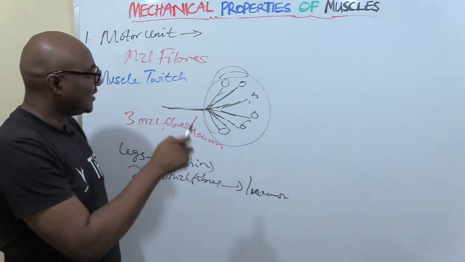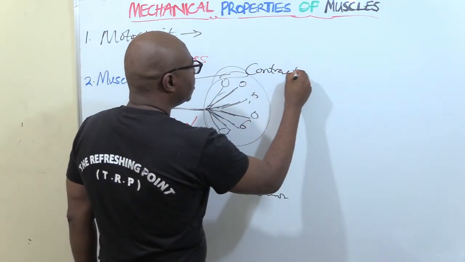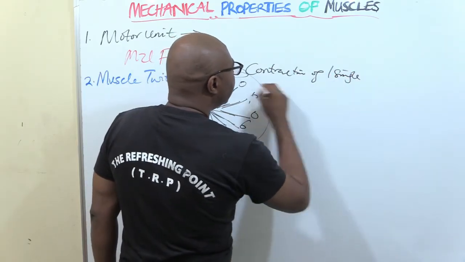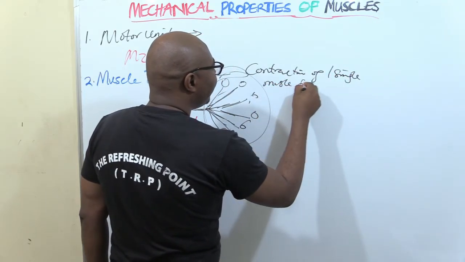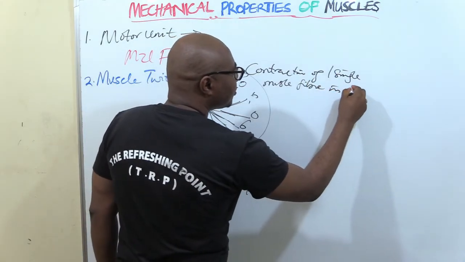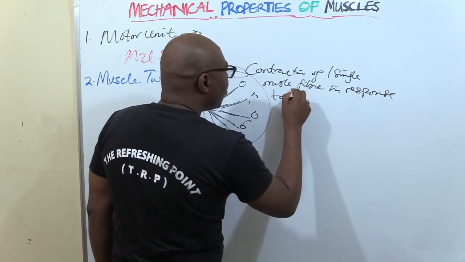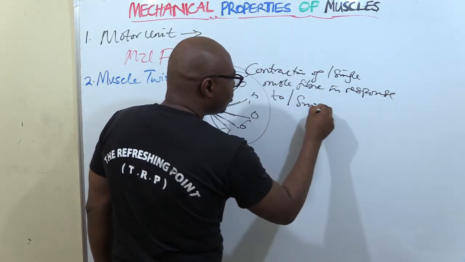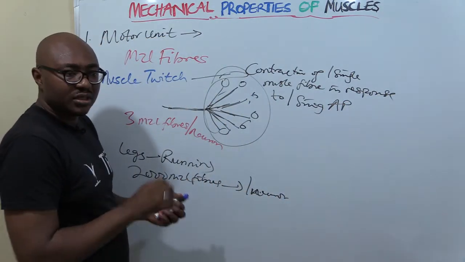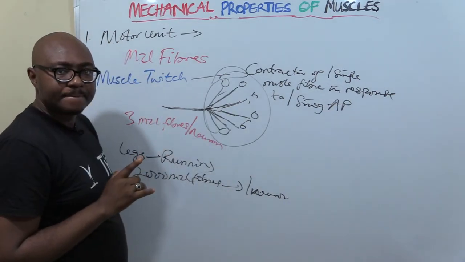Do you understand that? A muscle twitch is the contraction of one single muscle fiber in response to one single action potential. That is a twitch, a contraction in response to one action potential.